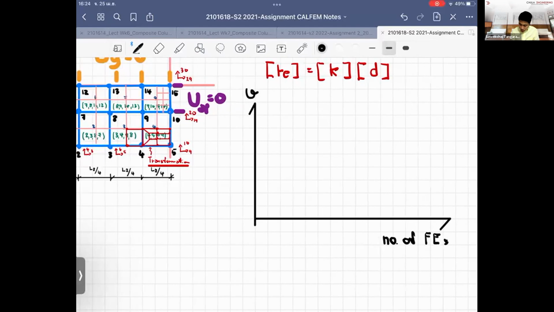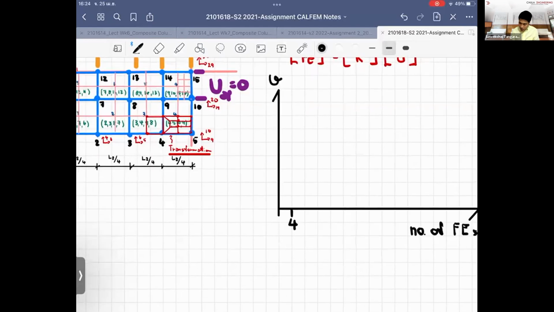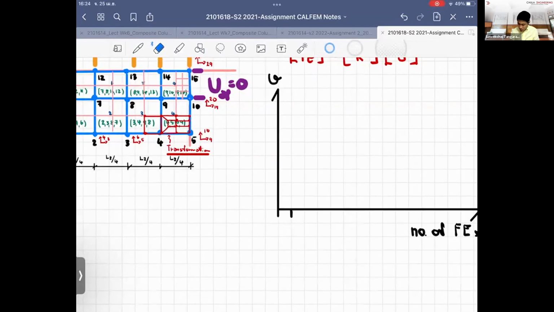For example, in the beginning, you start with 4 elements, right? In this example, or eg, sorry, I use eg. And you solve for the displacement, you obtain this value.